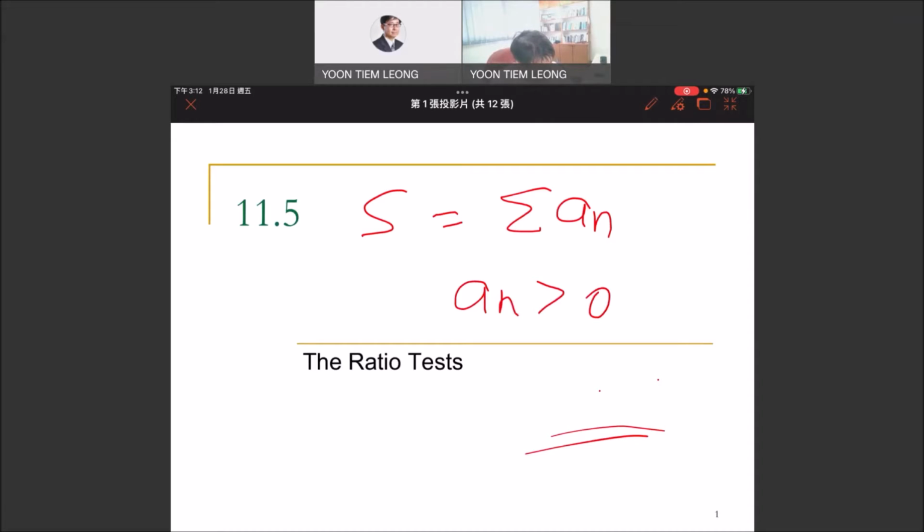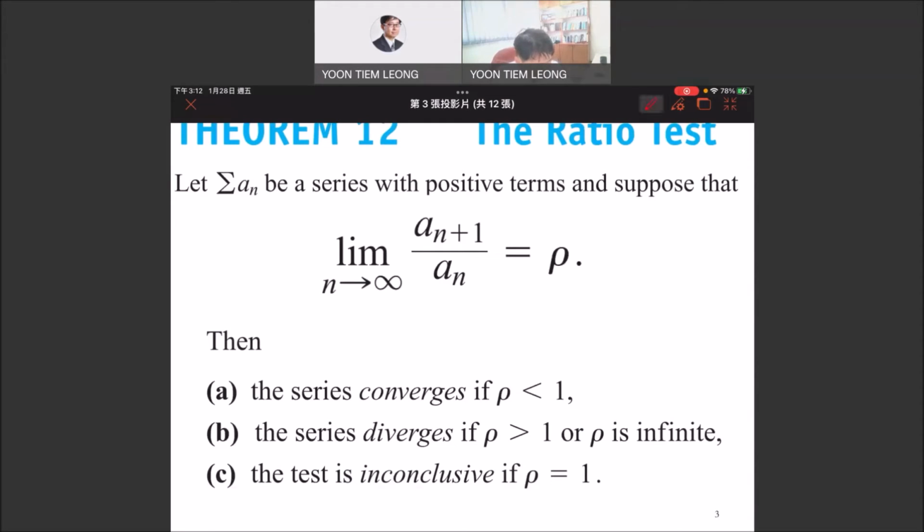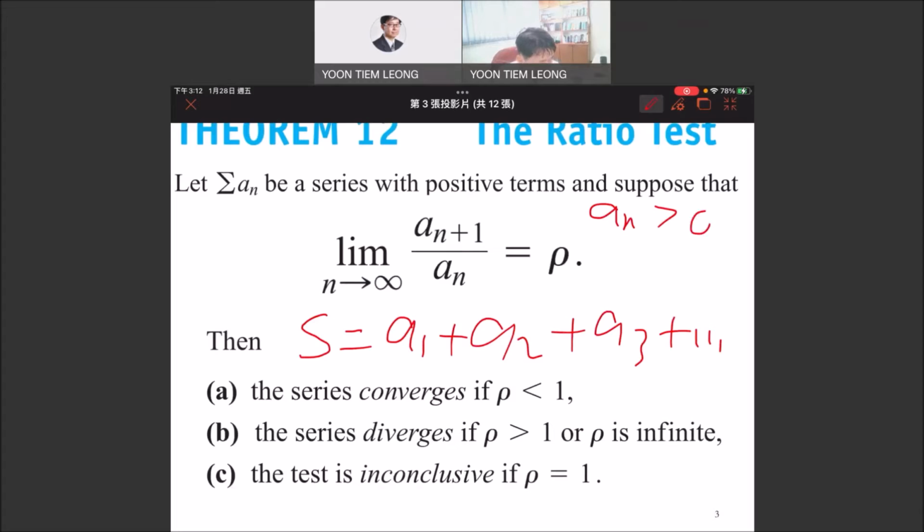Now, the very simple application of the ratio test is by looking at the ratio of the next term divided by the previous term, and then you take the limit of this ratio as n goes to infinity. It just means you have a series which is a sum of a1 plus a2 plus a3, etc. You assume that every term a_n in the series is positive.